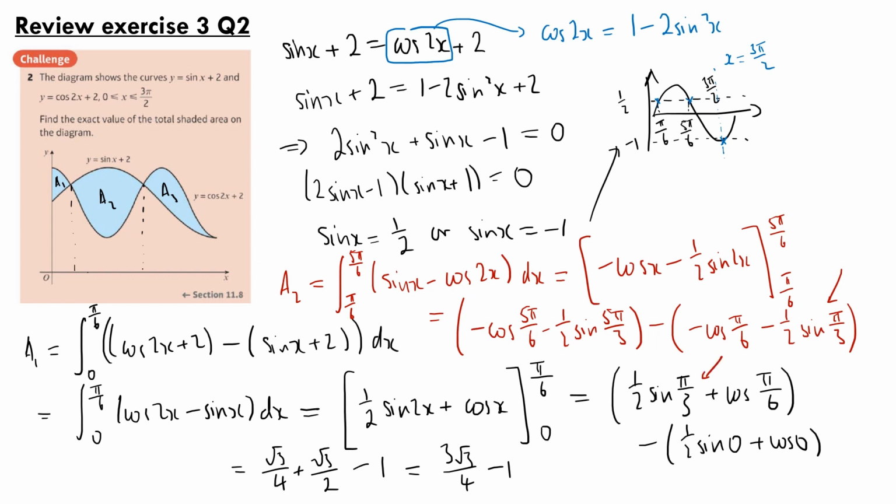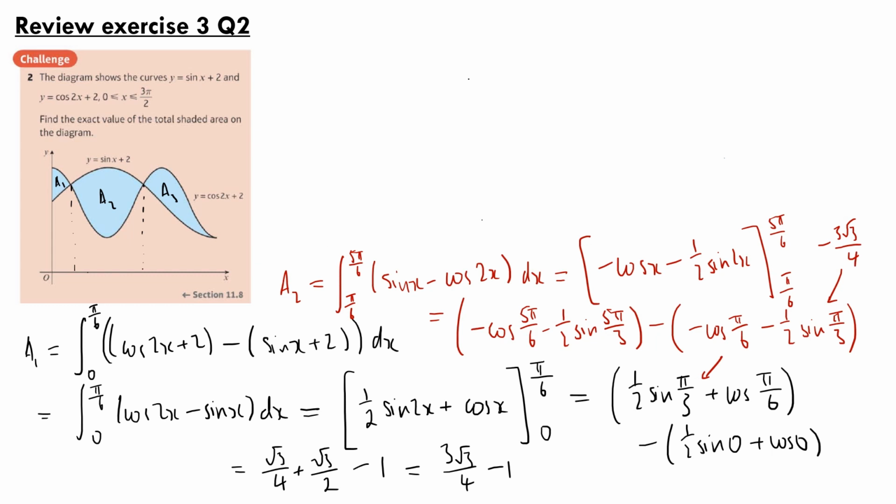So instead of 3 root 3 over 4, instead we'll have minus 3 root 3 over 4. And this other bracket, if we pop that into our calculator, that gives you 3 root 3 over 4. And so we've got this is equal to 3 root 3 over 4 minus 3 root 3 over 4, so plus 3 root 3 over 4, and that's equal to 3 root 3 over 2.